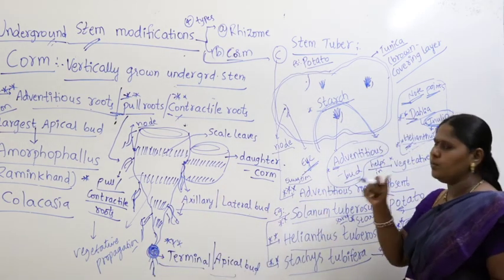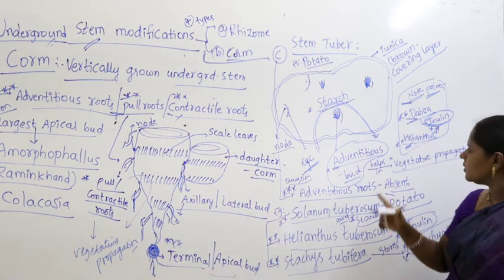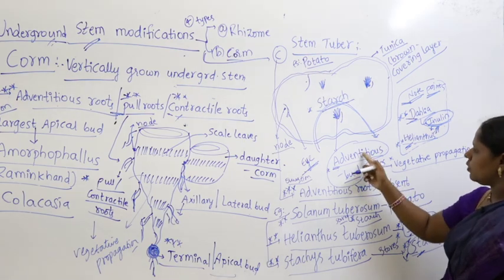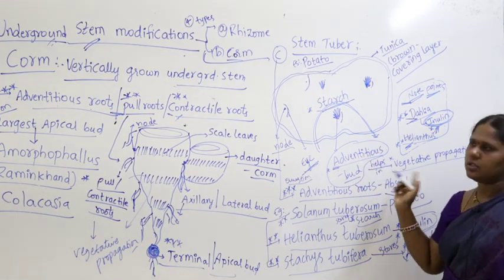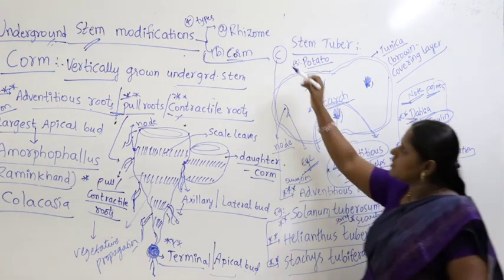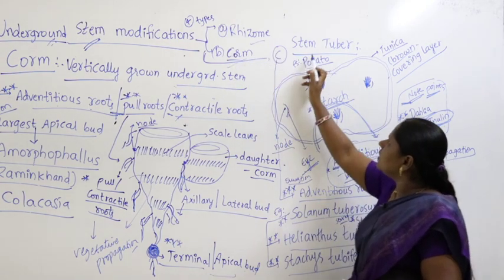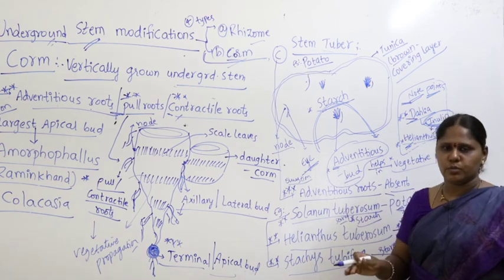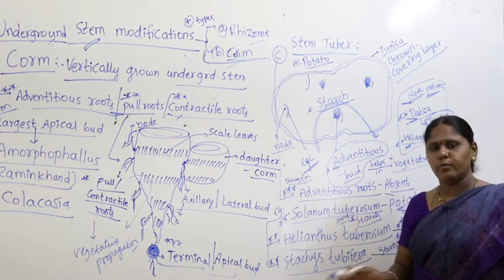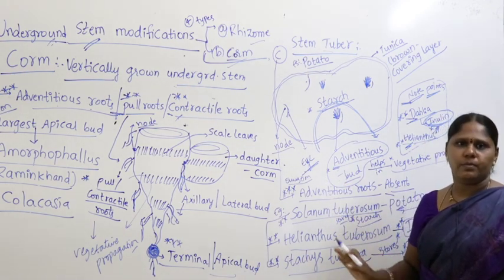In stem tuber, who is involved in vegetative propagation? Adventitious bud. So remember, first we discussed rhizome, next corm, and third stem tuber, and we continue with the fourth one called bulb.